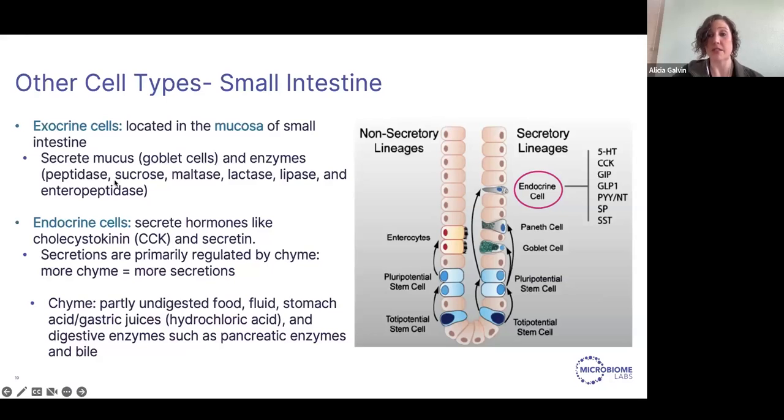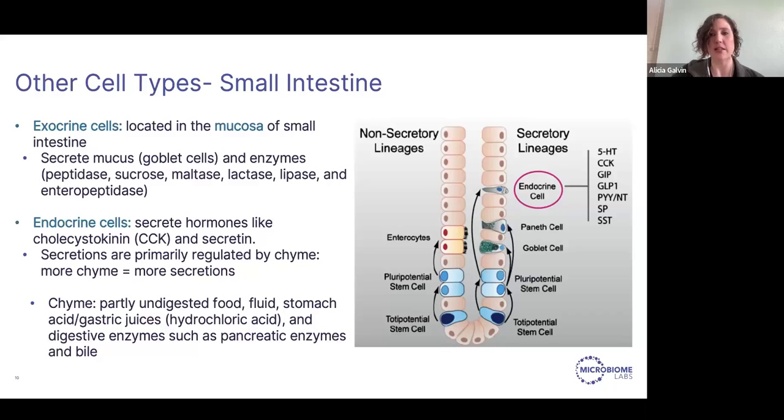That's something that happens in SIBO a lot. We know that part of the pathophysiology of SIBO is that it interferes with these exocrine cells in the small intestine. And so we get a decrease in enzymatic output, and we can have more of an issue with breaking down and assimilating our food, which is one of the main roles of the digestive system.